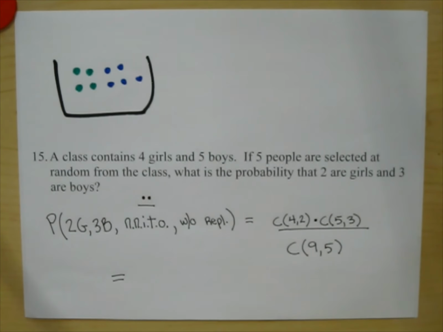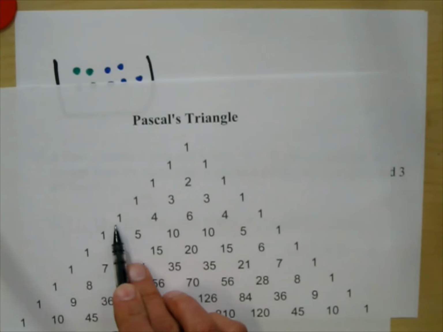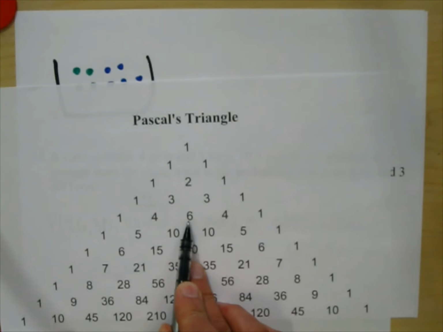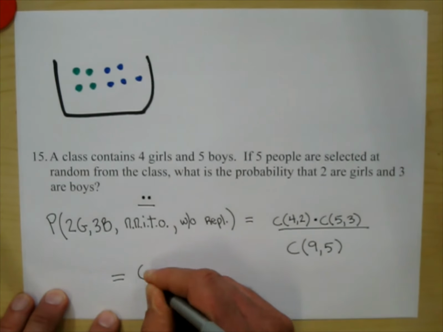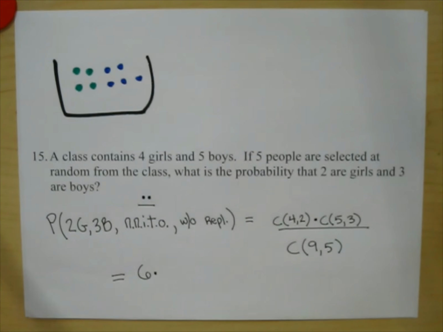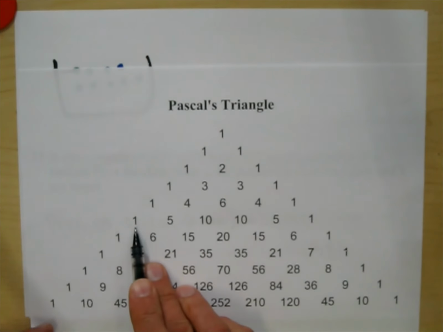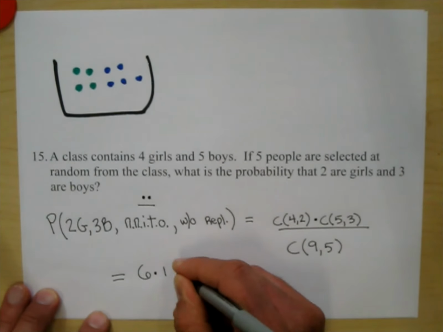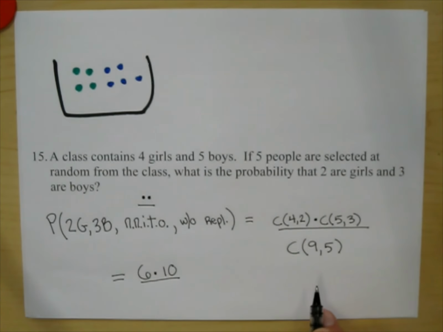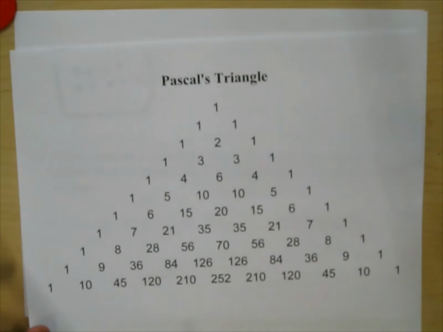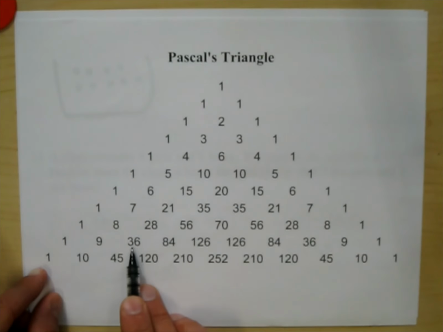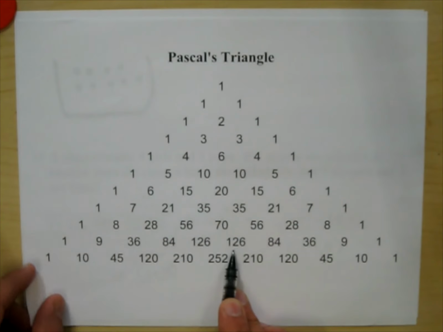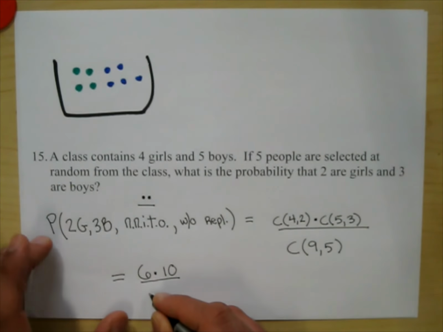Okay, 4 choose 2 on Pascal's triangle. That's a 6. 5 choose 3 on Pascal's triangle. That's a 10. And 9 choose 5 on Pascal's triangle. That's a 126.